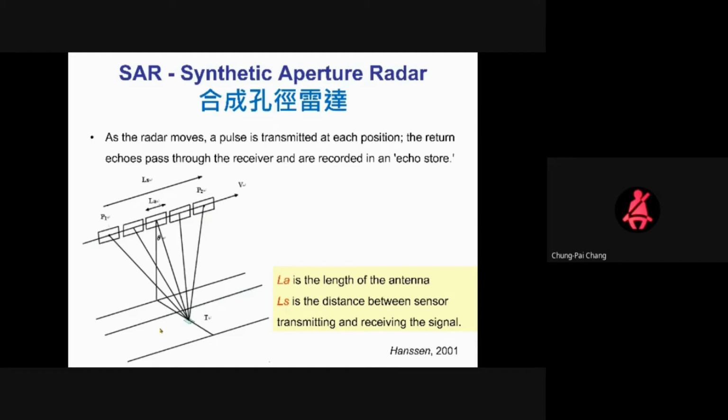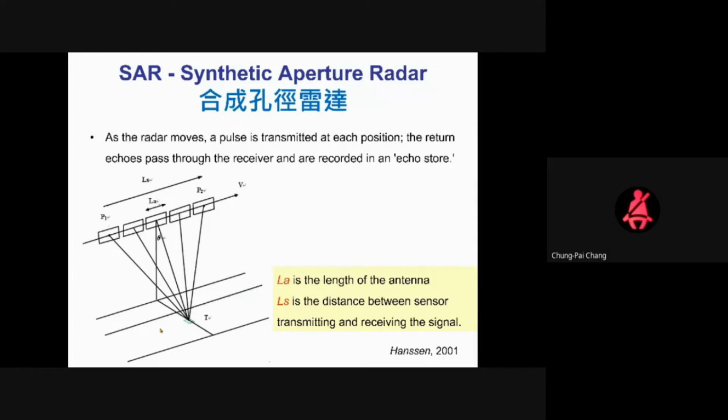By using the Doppler effect, we can find their relative position along the track direction. The ranging detection is easy. You just use the same time to find that. But for the along track, you need some special technique that is the equal Doppler line. We will try to find the equal Doppler line and try to find the right direction.